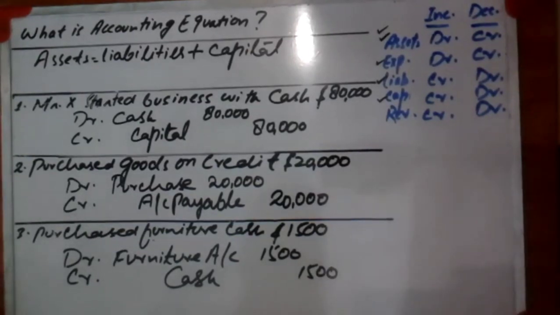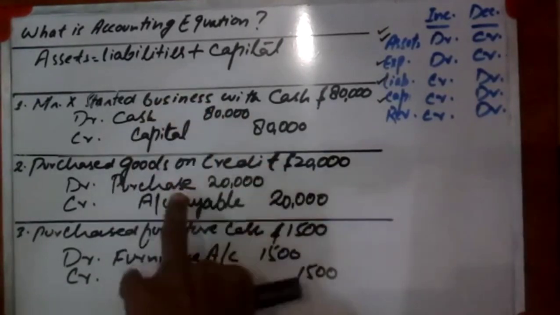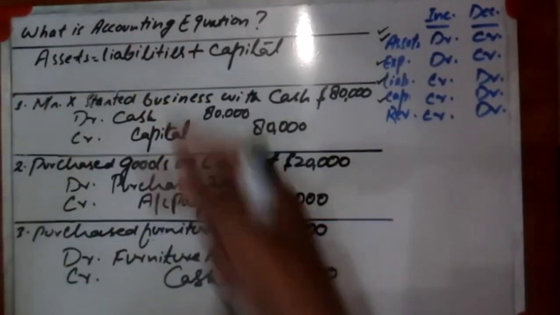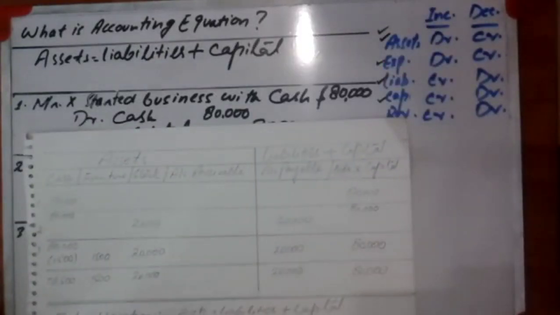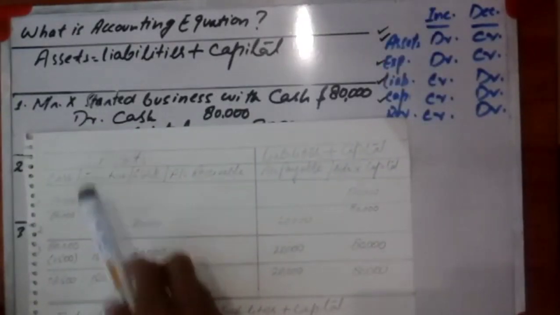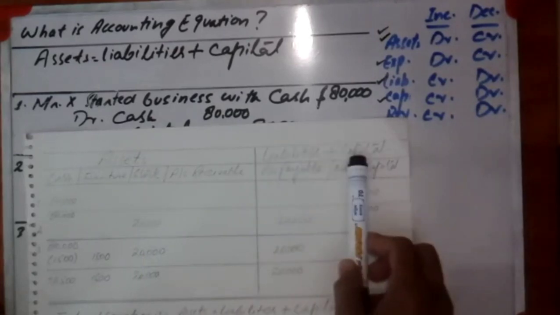Now I have just written down these transactions in this equation. Let's see here. Assets, liabilities plus capital.